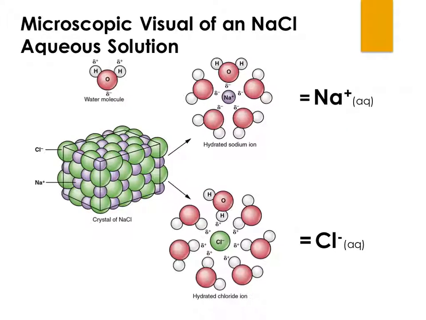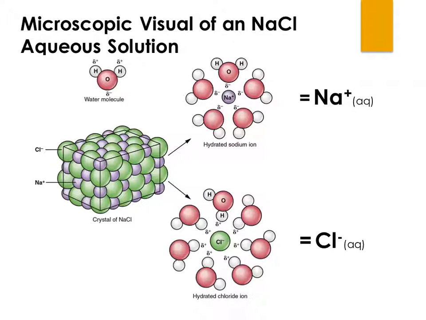The molecule itself is neutral, but the electrons are just more to one side than the other. As we put the water in there and it starts to break apart the crystal, at the end you will see that the sodium ion, the metal ion, is surrounded by water molecules, where the minus end of the water molecules, of the dipole, is associated with the more positive sodium ion.